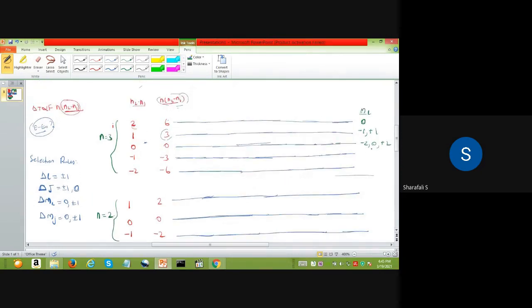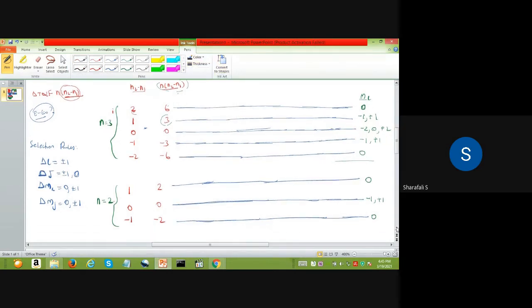And then we have again minus 1 for minus 3, 1 and plus 1 and 0. And here we have 0, minus 1, plus 1, and then 0. Now, if you take the transitions, delta ML should be 0 or plus or minus 1. Delta ML you have to consider here.